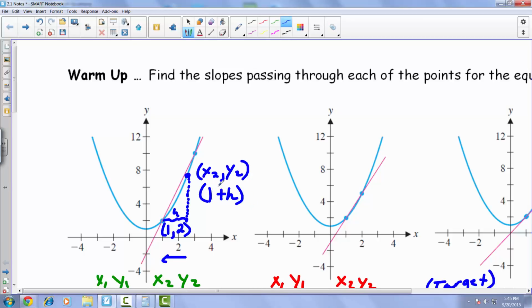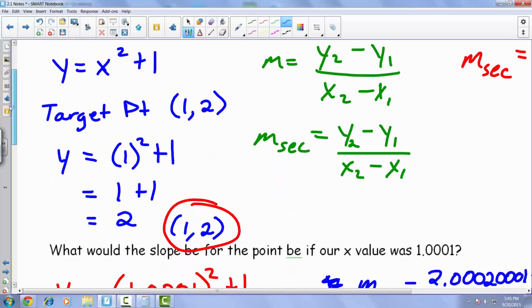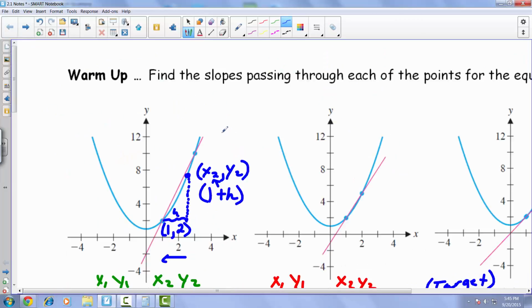For our y2, all it is is taking this x and throwing it into the function, because that's how you find your y values: taking the x, finding out what the y is. So our y2 just represents f of (1 plus h).